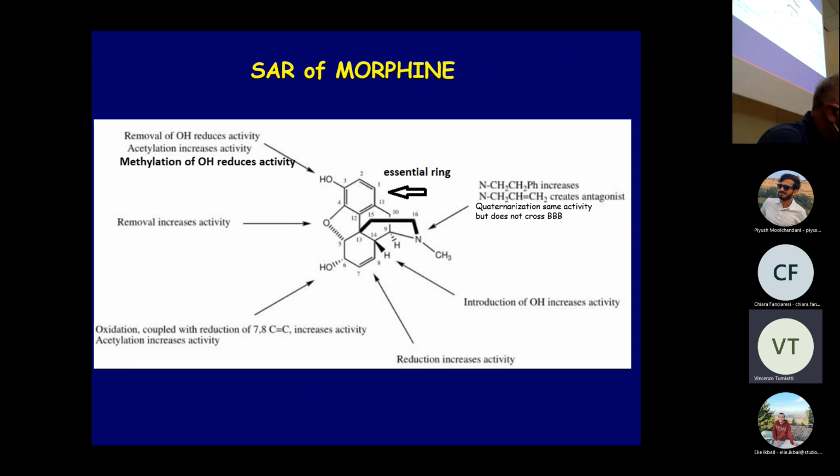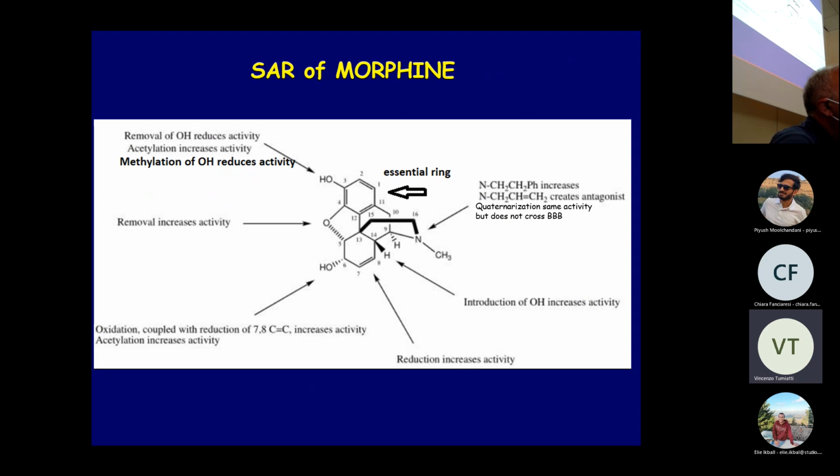What about the structure activity relationships? What about the different chemical groups? Ring A, the phenolic ring with the phenolic OH, is essential.